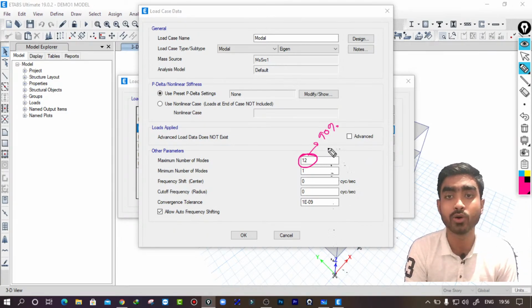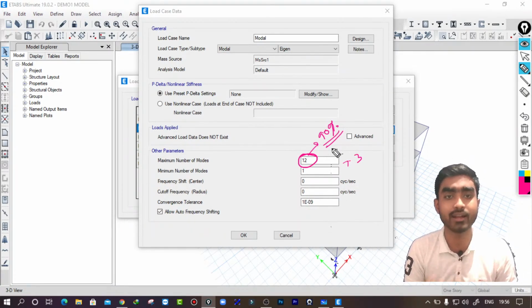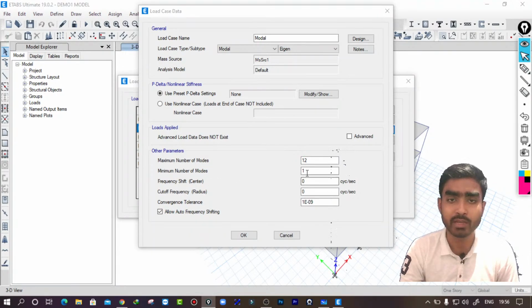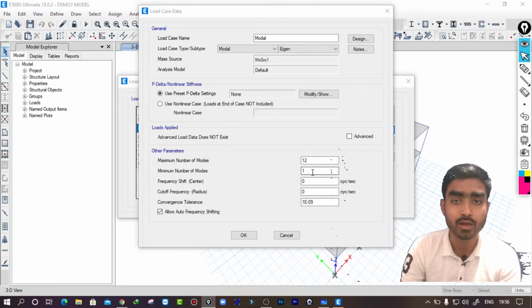If the mass participation is not 90%, then you can increase the number of modes, suppose by 3 extra, so you'll try 15 modes. So this is a trial and error method. For now, let's select 12 modes here. The minimum number of modes, obviously, we want at least one.